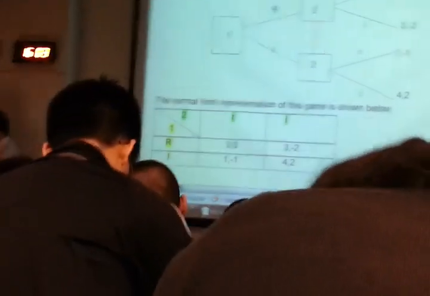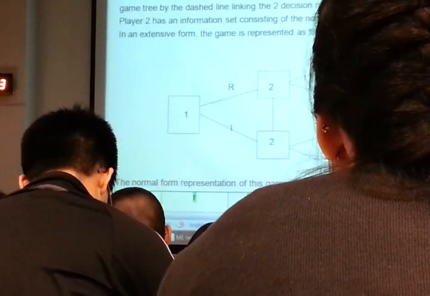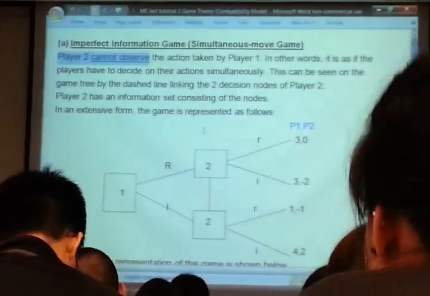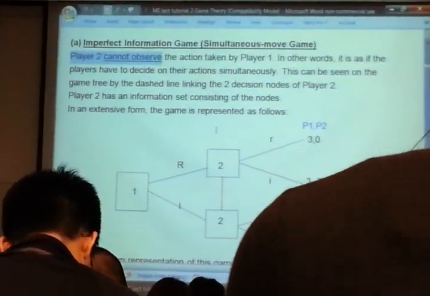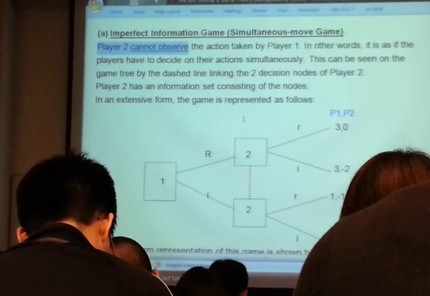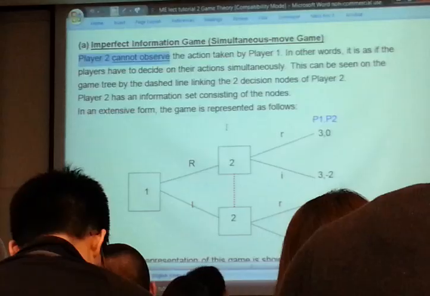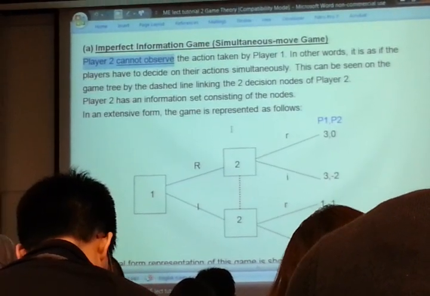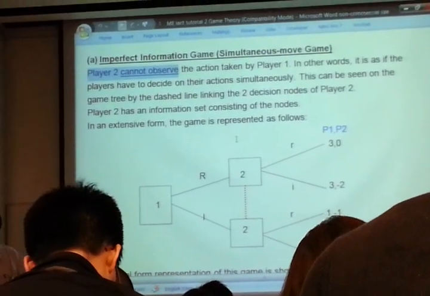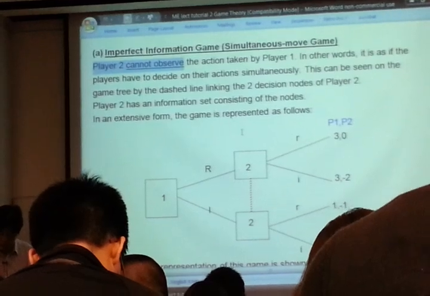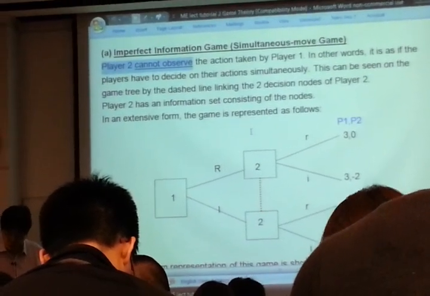Now, in an imperfect information game, can the players see each other? Cannot. Right? That's why imperfect information. Now, if I cannot see what you do, you cannot see what I do. That's the reason why we have imperfect information. Okay? If I can see what you do, you can see what I do, then both of us have perfect information.